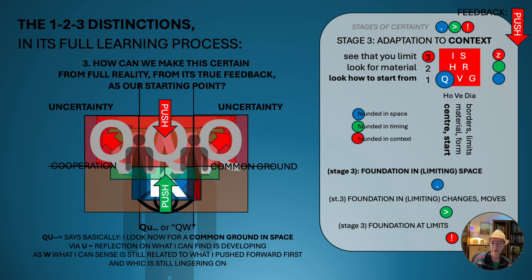So here we find with Q, which you can find in a lot of words with Q even, and question mark, K, QUOI, all these things are also checking out this common ground in context, what we can do. So it is really looking for a solution, which is a very good comment.